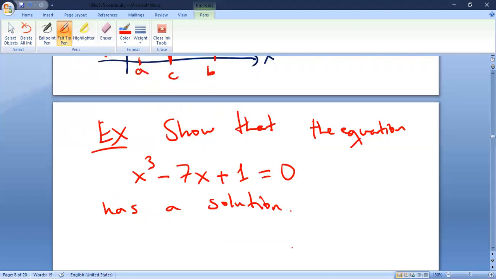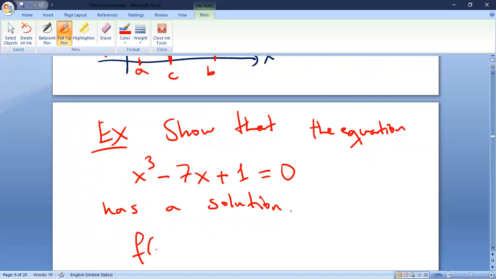Okay, what does this mean? Now, what is a solution? Solution means when you put that solution into the equation, it makes the left-hand side 0. So you have 0 equals 0, which is an equation. So that is called a solution. If there is a number like that, it is called a solution. So how do we show such a thing?